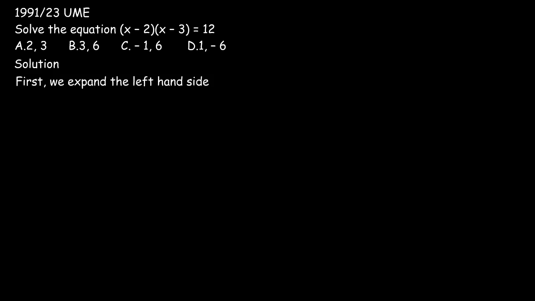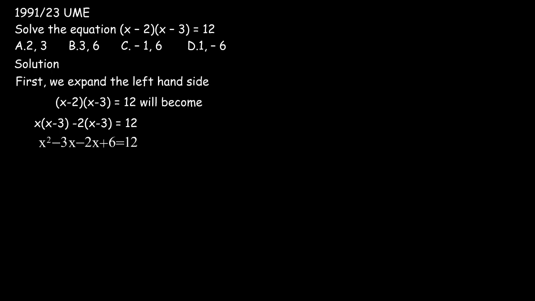Expanding, (x - 2)(x - 3) = 12 will become x(x - 3) - 2(x - 3) = 12, and expanding becomes x² - 3x - 2x + 6 = 12. Adding -3x and -2x, we have x² - 5x + 6 - 12 = 0. Simplifying further, it becomes x² - 5x - 6 = 0.